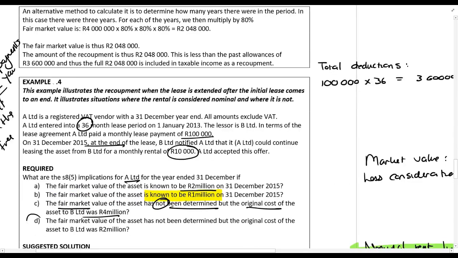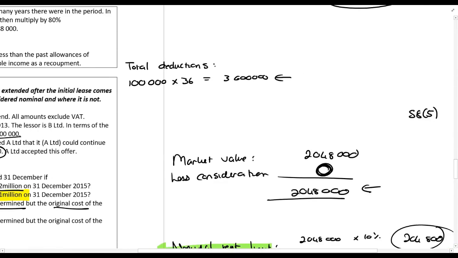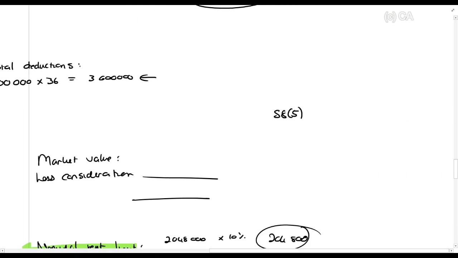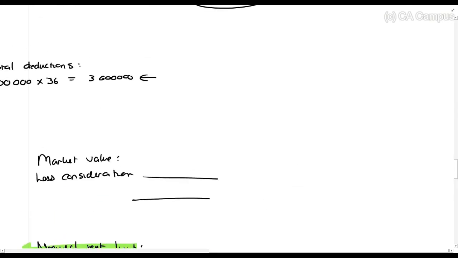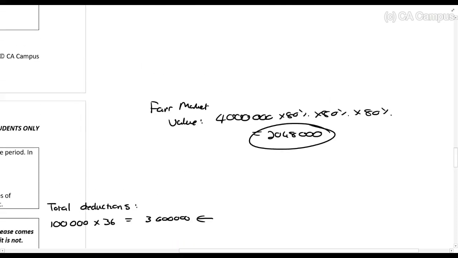Right, situation D. What happens if we don't know the market value of the asset, but the original cost was 2 million rands? So again, guys, this market value over here, we don't know what it is. So we can't calculate the nominal rental limit. So how are we going to do it? By doing the same calculation we just did.